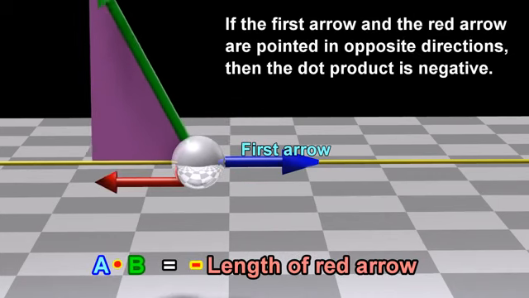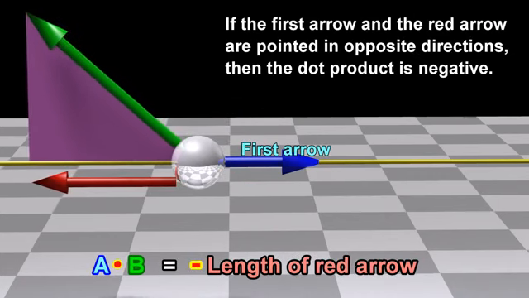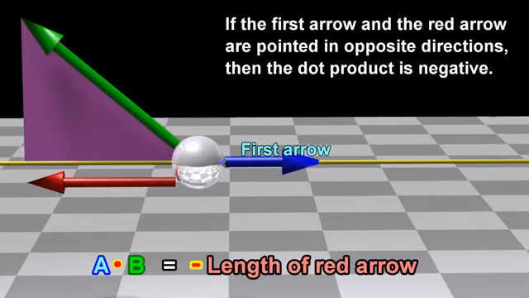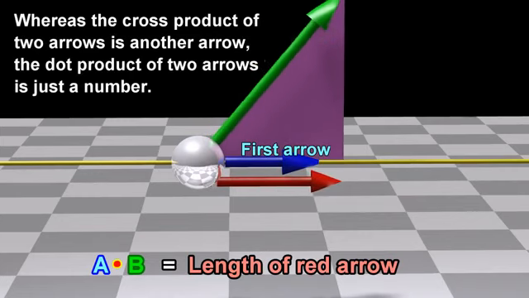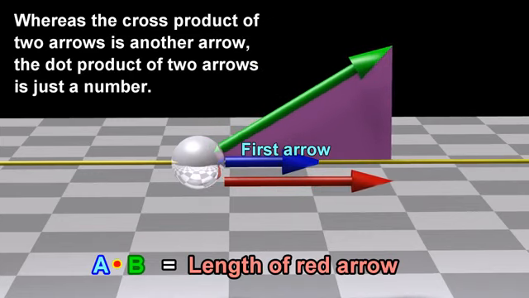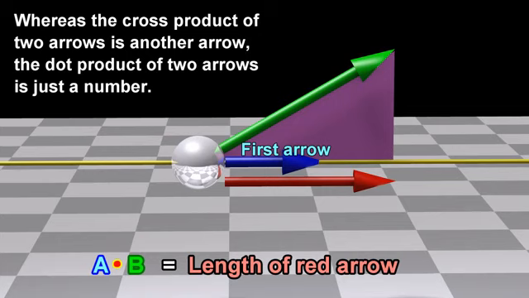If the first arrow and the red arrow are pointed in opposite directions, then the dot product is negative. Whereas the cross product of two arrows is another arrow, the dot product of two arrows is just a number.